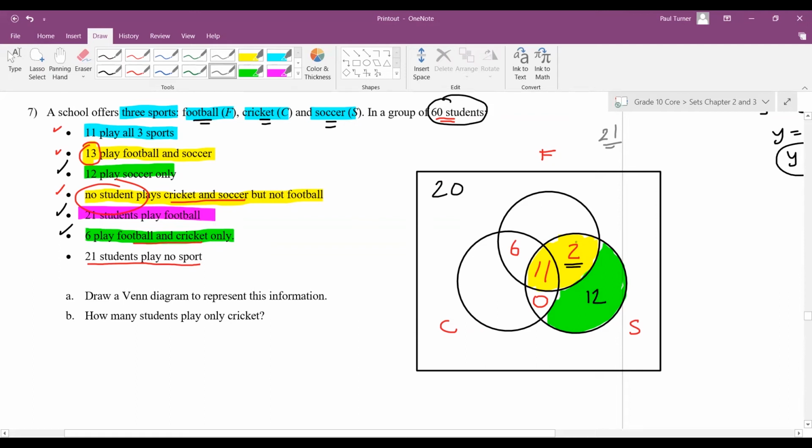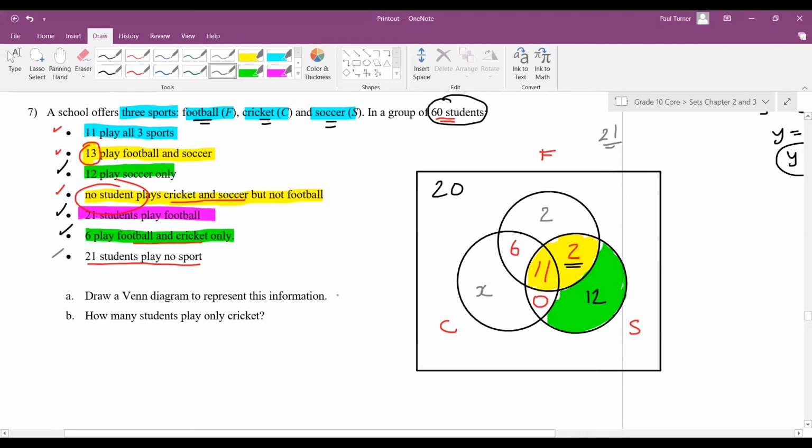And all of these numbers must add up to 21 here. So if you do that, you're going to get 2 for football only. 21 is football. 2 is football only, right? And we don't know this number at all. You see, we've used all the information now. So now we just call this X.